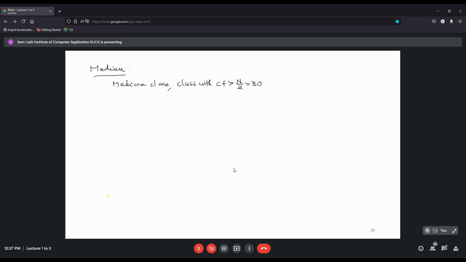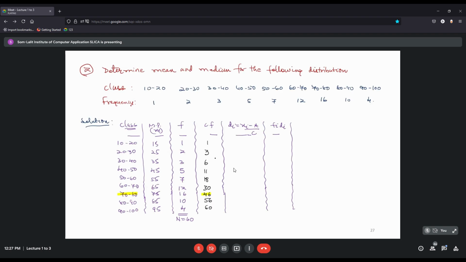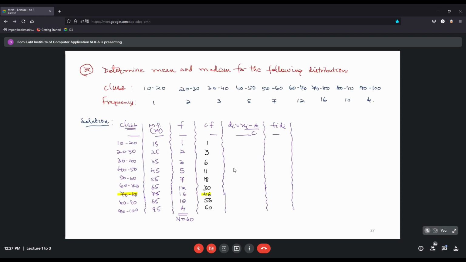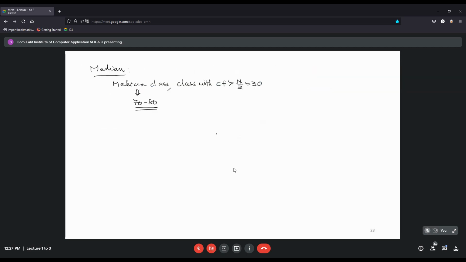70 to 80. Okay. So here, the median class is nothing but the 70 to 80. This is the median class. CF should be just more than this one. Correct? No, this one, 46. Okay.